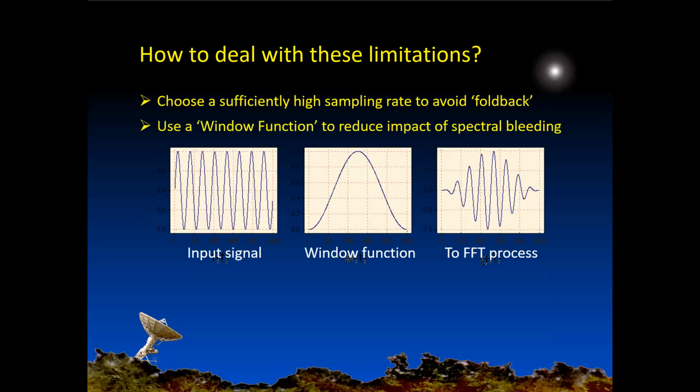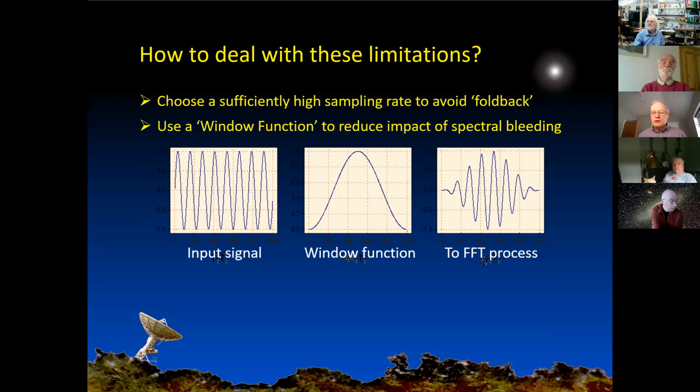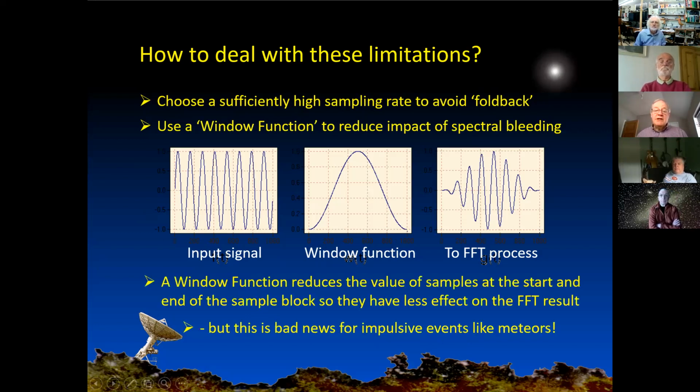So anyway, to come back, what we can do to improve the spectral bleeding thing is use something called a window function. If this is our input signal, what we do is we apply a window function to it. And what that does is it reduces the value of the samples at the start and end of the block.